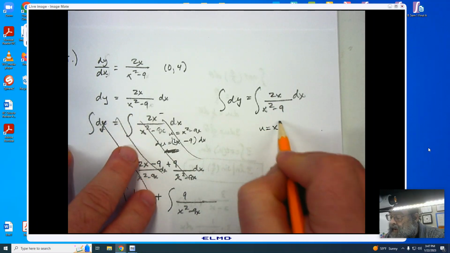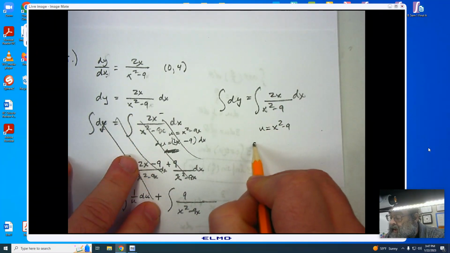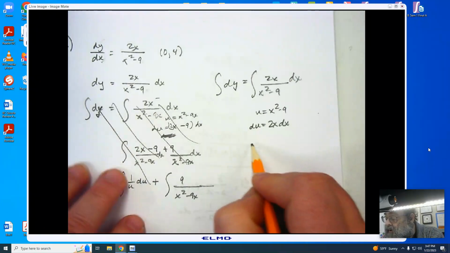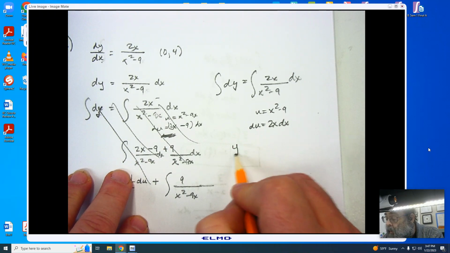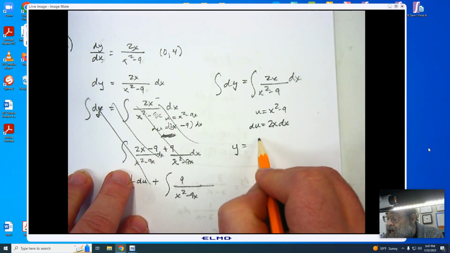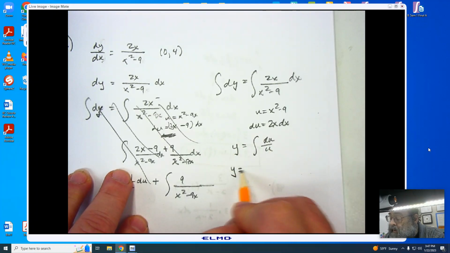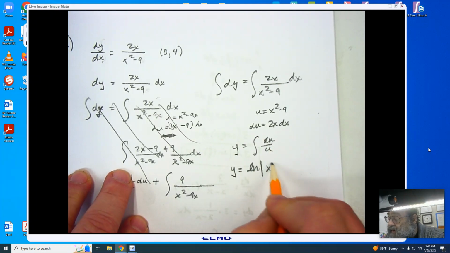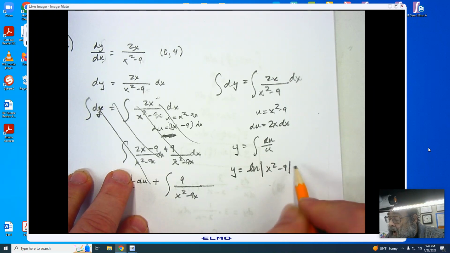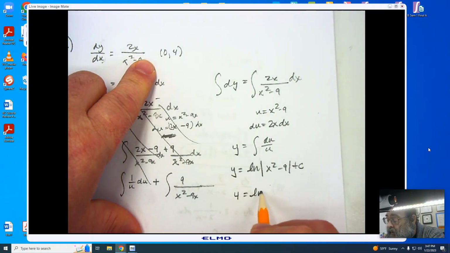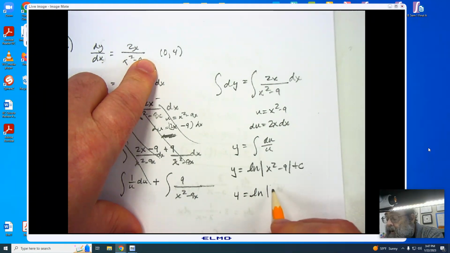If u equals x squared minus 9, du is equal to 2x dx. And I can now just do my straightforward integration, du over u, which gives y equals the natural log of x squared minus 9 plus c.